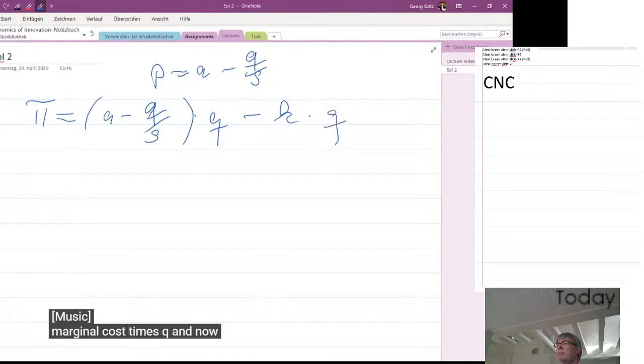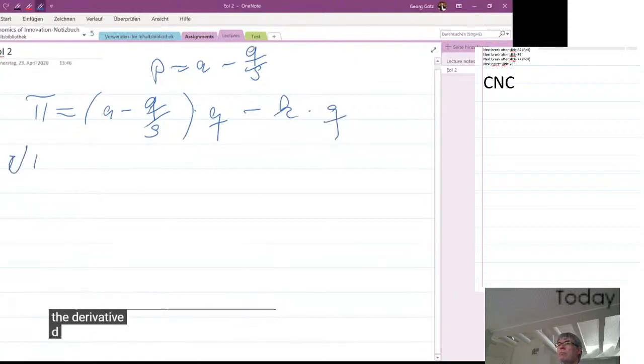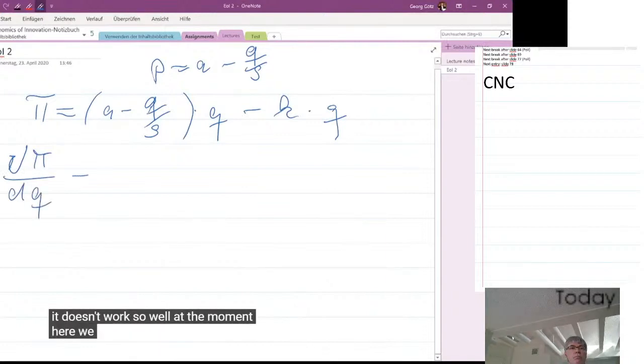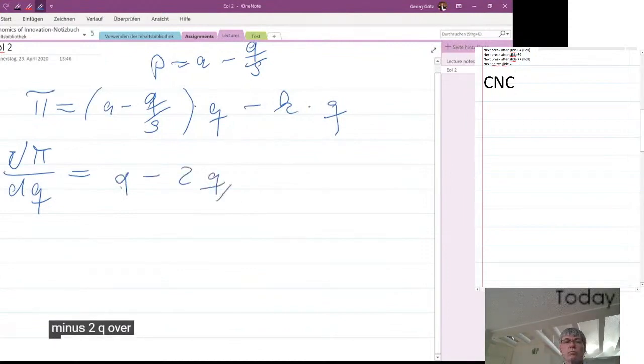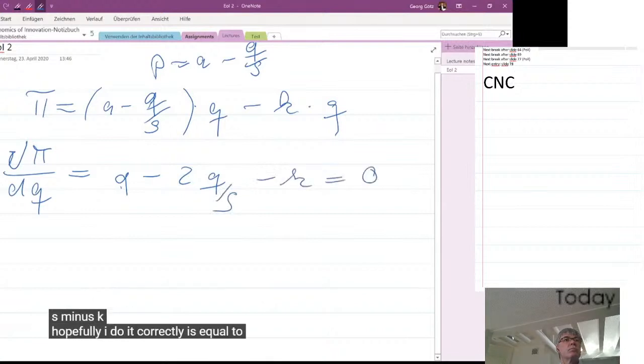Now if we take the derivative d pi dQ, we simply get a minus 2Q over S minus k, which is equal to 0.